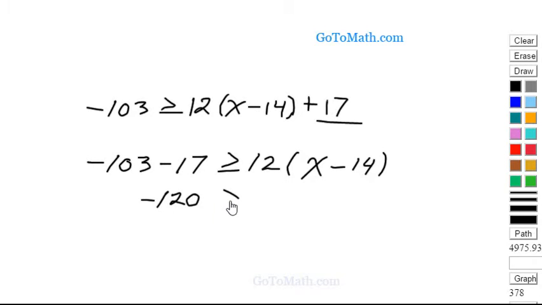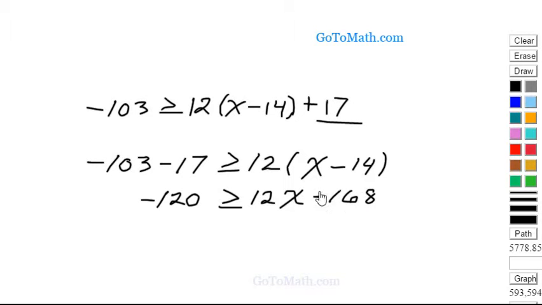Is going to be greater than or equal to, and let's just go ahead and distribute this 12 across. How's that? So that's going to be 12x, and then 12 times negative 14 is negative 168. All right.